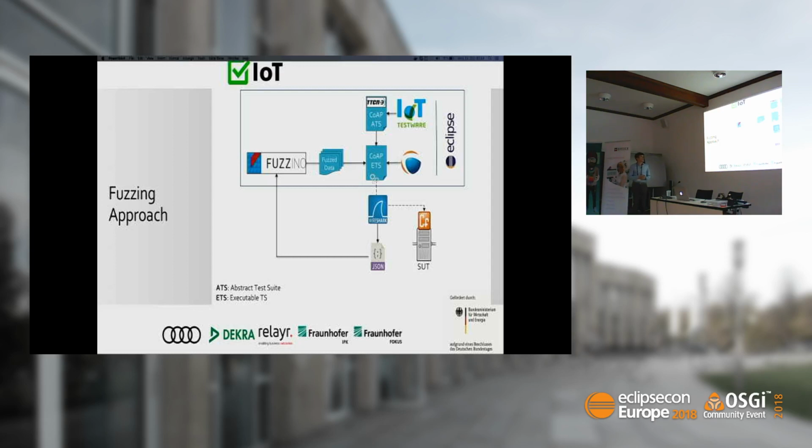From our conformance tests, we could create fuzz data with ease. So this is one nice advantage of the language TTCN-3, and also the first use case we had for our testware.